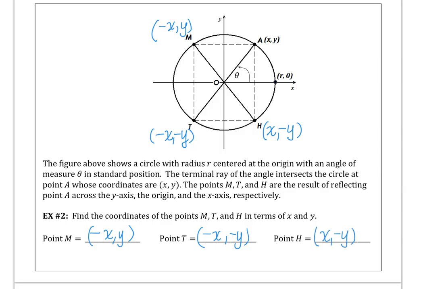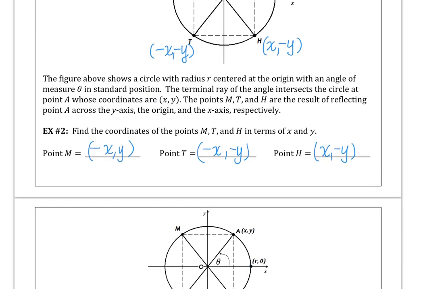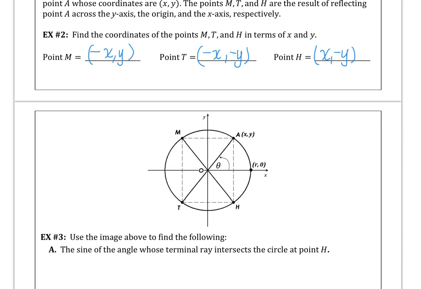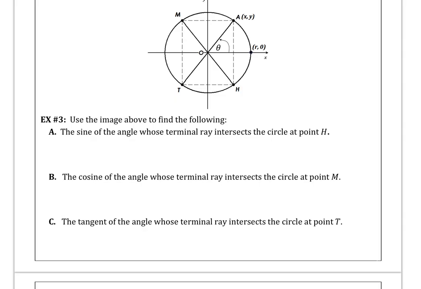For example 3, if we use that image, we can find the following: the sine of the angle whose terminal ray intersects the circle at point H. If you draw yourself a little sketch down here, the terminal side at point H is down here in quadrant 4. This is my angle. I'm going to call that beta sub 1.